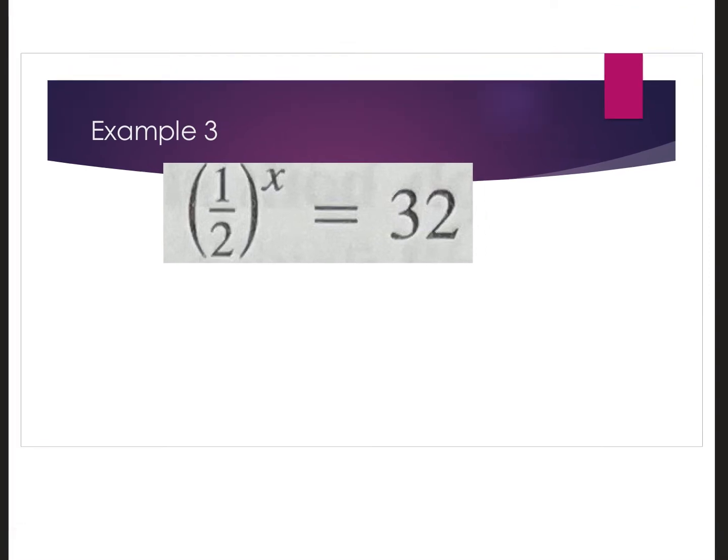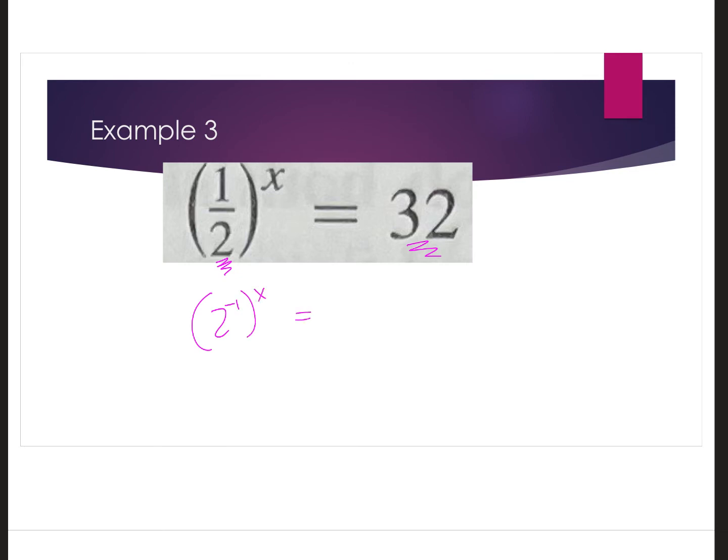All right, moving up. Okay, now this example is a great example. I really like this one because we're going to change both of them. On the previous 2 examples, I only had to change one side of the equation. But on this one, I'm going to change both of these because I can write them both in base 2. So on the left, this is 2 to the negative 1. And 32 is 2 to the 5th.